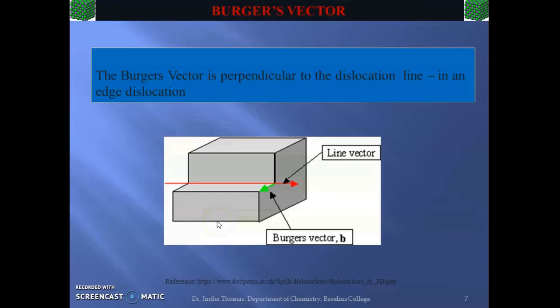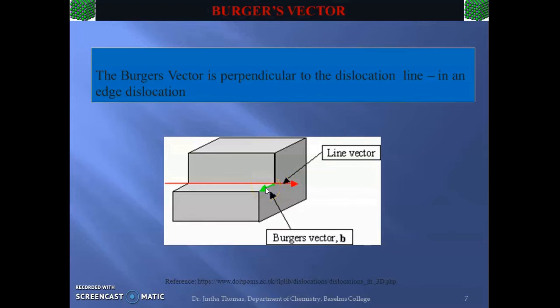Now let us see some more details about Burger's vector. As you see here in this picture, the red line indicates the dislocation line that marks the area of maximum dislocation or the edge of dislocation. The green line, which is perpendicular to the dislocation line, is called the Burger's vector.